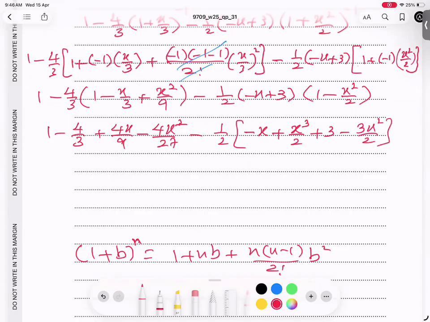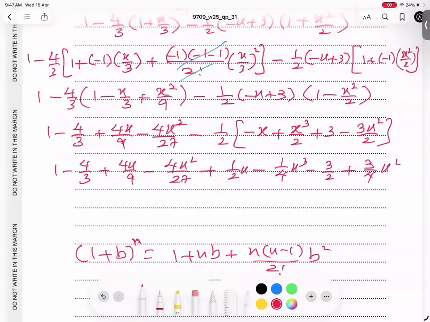Open further, 1 minus 4 over 3 and positive 4x over 9 and minus 4x squared over 27. Positive half x and negative 1 over 4 x cubed and negative 3 over 2 and positive 3 over 4 x squared.